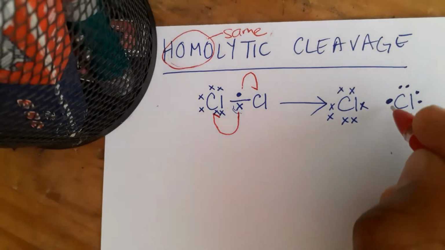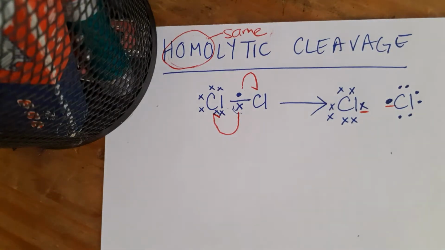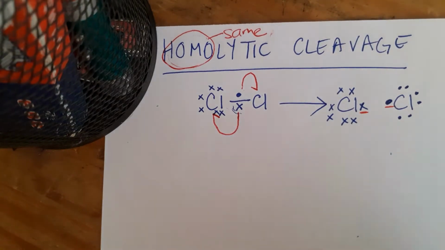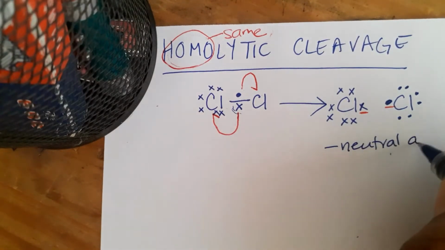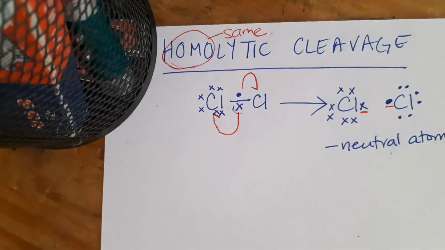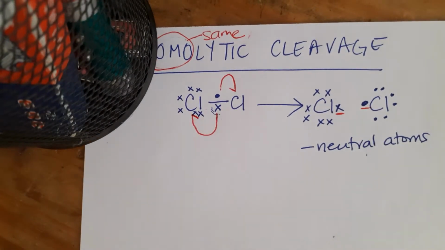So let me just indicate here which of the electrons were involved in bonding. What we end up with are neutral chlorine atoms. But if you look at the atoms, what do you notice? They still want to be bonded.